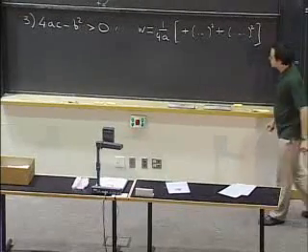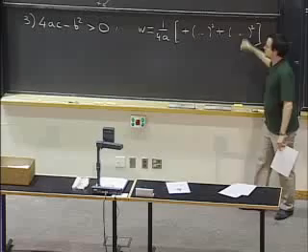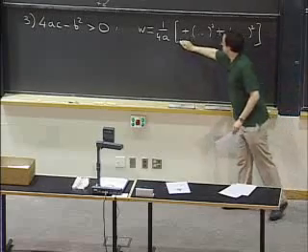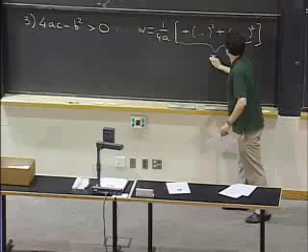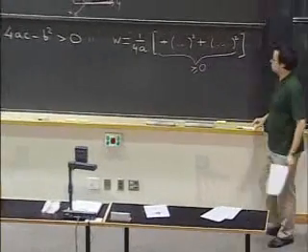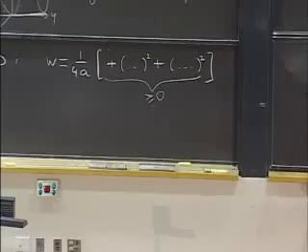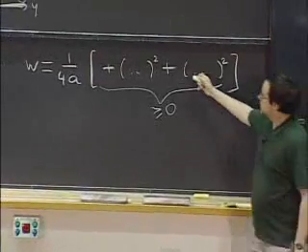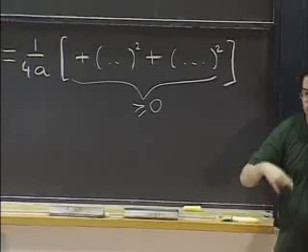So these guys have the same sign, and that means that this term here will always be greater or equal to 0. And so that means that we should have either a maximum or a minimum.